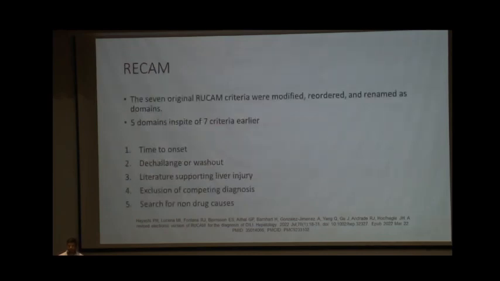So the 7 criteria were modified to 5 domains. The 5 domains were: time to onset of drug reaction; after the onset, when the drug was stopped, what was the timeline when the LFT decreased, de-challenge or normalization or washout; literature supporting liver injury; exclusion of competing diagnoses like alcohol, hepatitis A, B, C, autoimmune diseases, sepsis; and search for other non-drug causes.